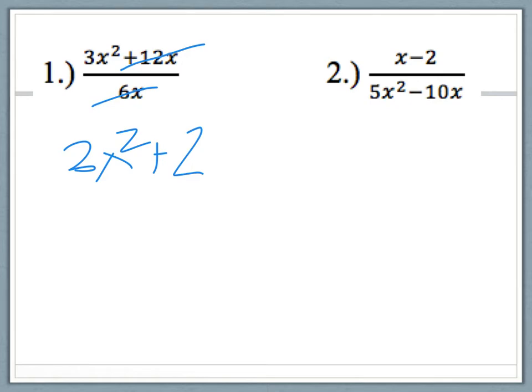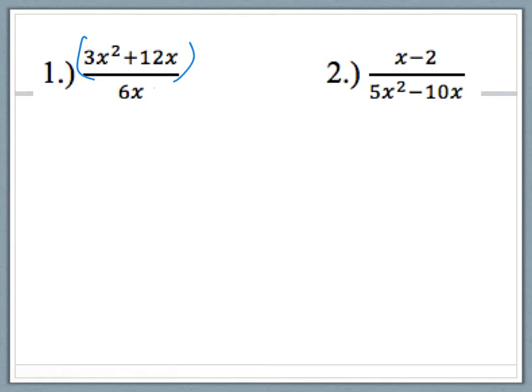You have to think of this 3x squared plus 12x as a package deal. When we have adding and subtracting signs between those, it's like a package. So we can't just cross off top and bottom. We have to try to factor first.